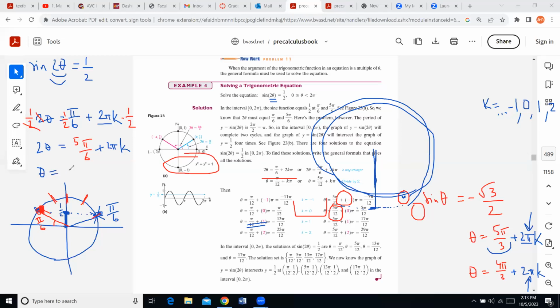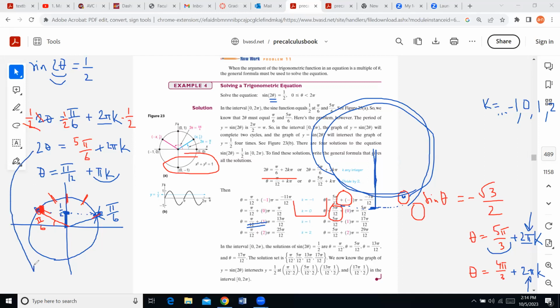Notice that angle theta is going to be pi over 12, because 2 goes in denominator like 1/2, plus pi times k. See, your period changed. Let me write k a little bit nicer. So period changed, which means that we're going to pick up more solutions. We'll see that.